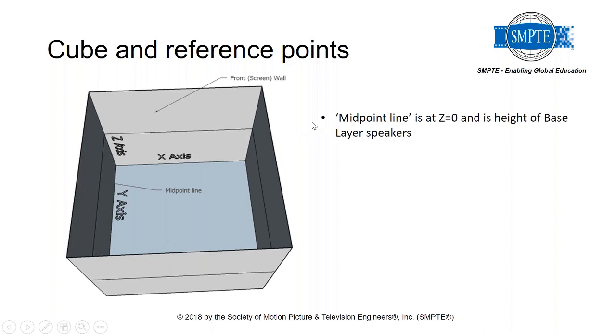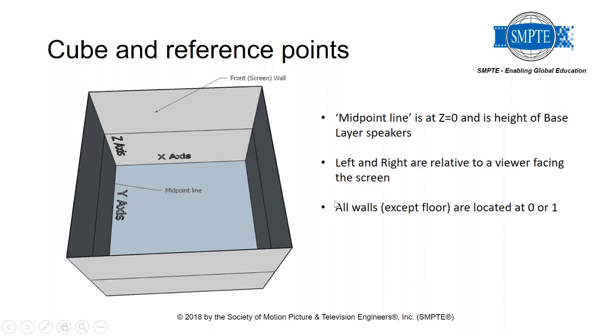And then it shows the various axes, left and right relative to a viewer facing the screen, with 0 being the left side, 1 being the right wall, and all walls except the floor in this particular location are located at 0 or 1.